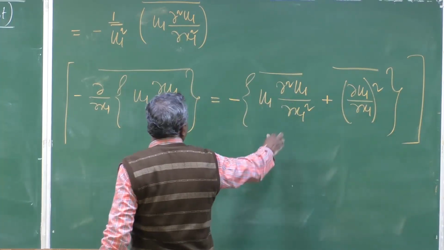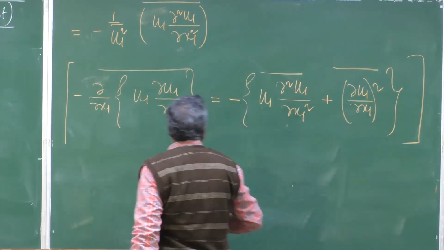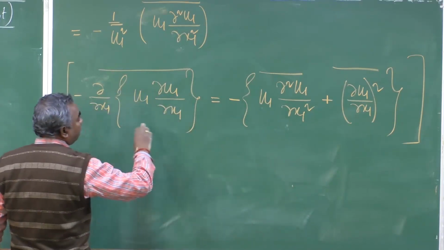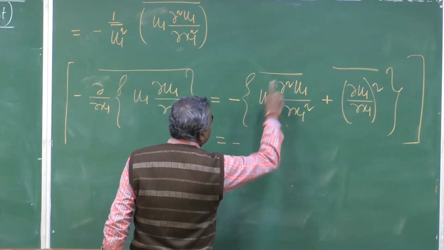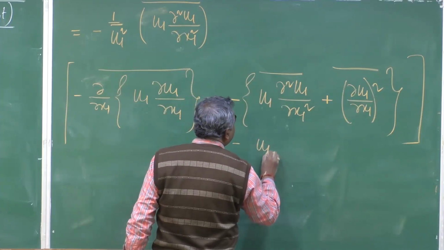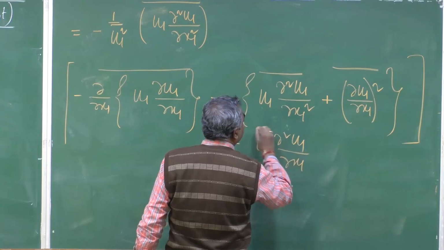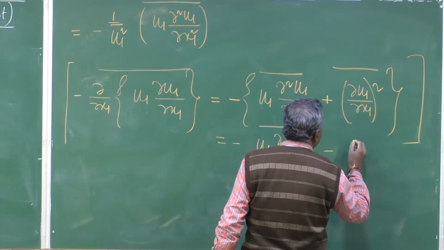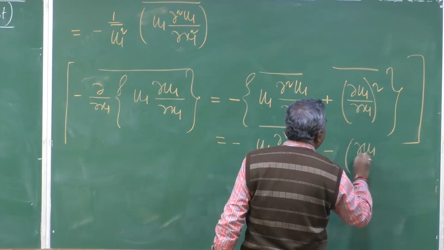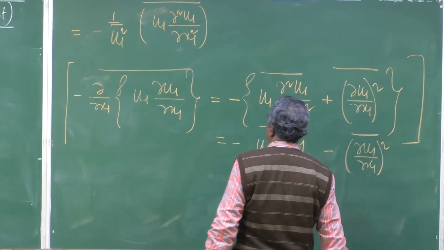So, that means this quantity is equal to this minus this, right. So, that means we need to find out minus of this. So, that means minus this is your U1 del 2 U1 del x1, okay, bar, and this is minus del U1 del x1 square bar, right.